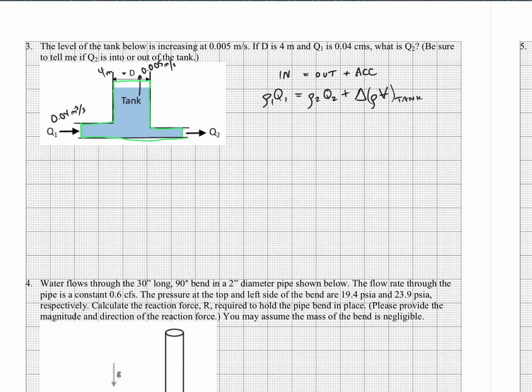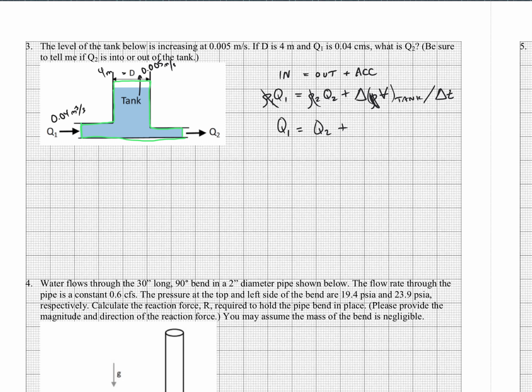Okay, so let's see here. Rho 1, rho 2, and rho in the tank are all the same. Q1 equals Q2. Oh, wait. Divided by the change in time. Okay, sorry. So plus the change in volume over time.